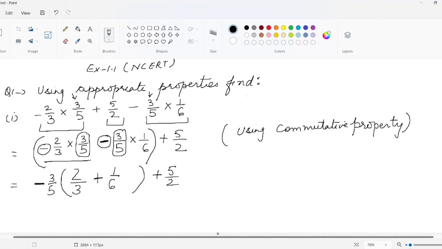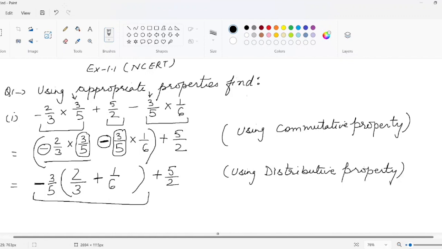Now what we can see is, in the first part here, we have again used a property, that is distributive property. We will write using distributive property. So what is distributive property? If you can recall the property which we have done in 7th, I am writing it here at the top.